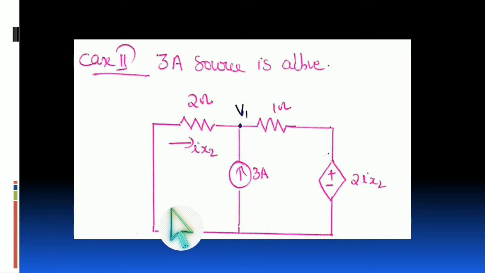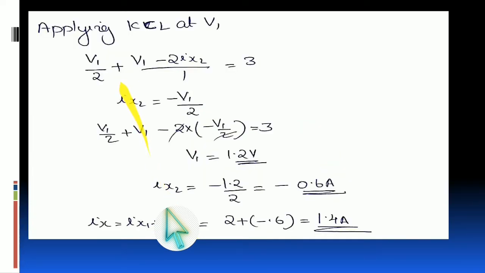One end of this 2 ohm is at the reference node, that is at zero potential, and the other end is at node V1. Hence, the current through 2 ohm from node V1 to the reference node can be written as (V1 minus 0) by 2, which is V1 by 2.